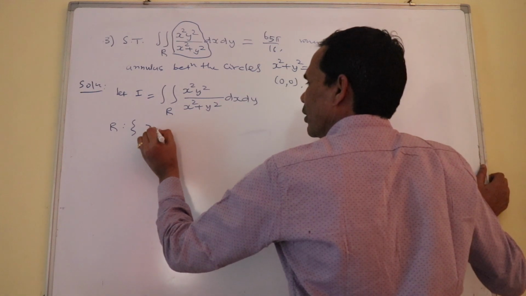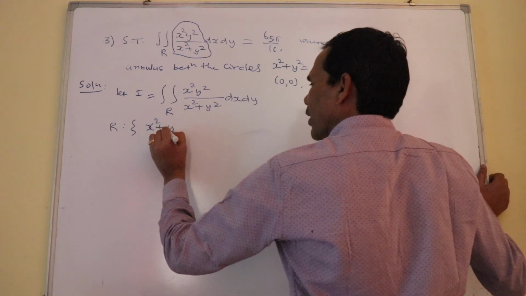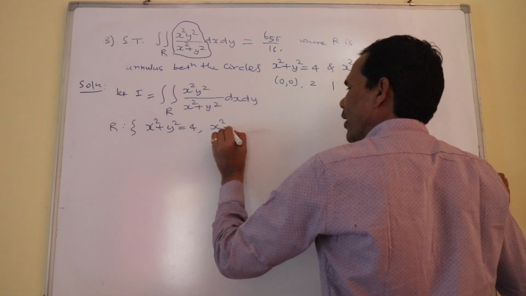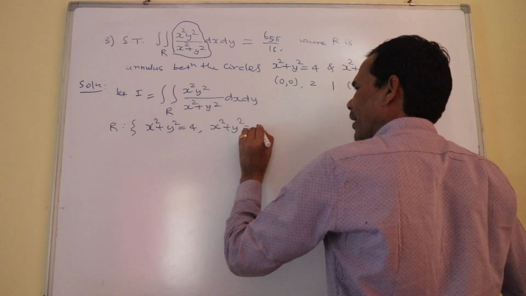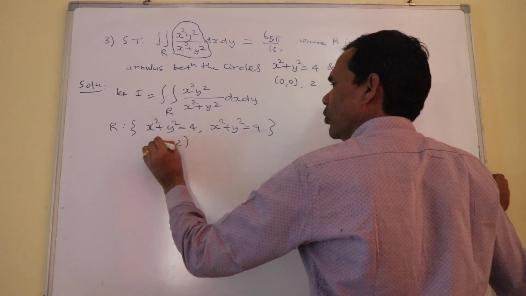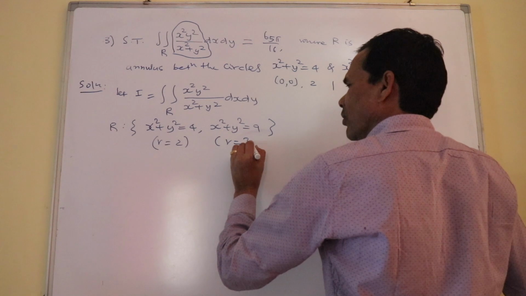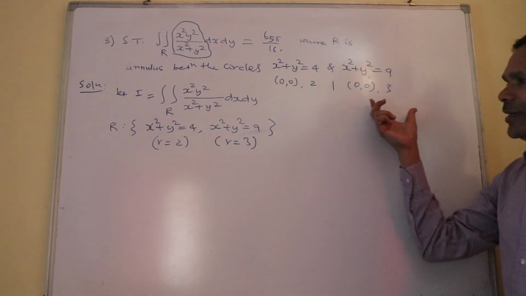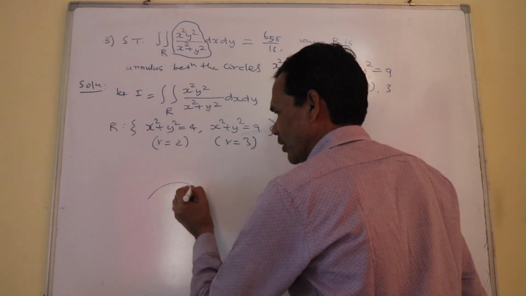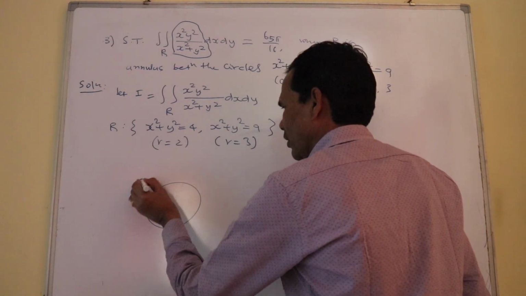So the region is bounded by these two circles, x square plus y square is equal to 4 and x square plus y square is equal to 9. Straightaway we take the polar equations for these: r is equal to 2 and r is equal to 3. We have seen the center and radius of these circles. We just try to draw these circles here. It would be something like this.